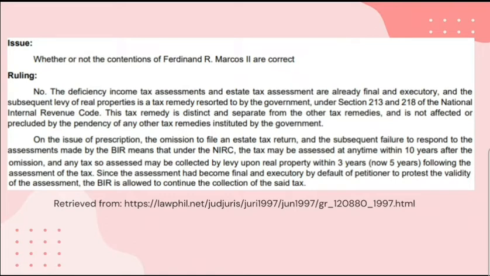There is no reason why BIR cannot continue to collect the estate tax now that the assessment has become final and unappealable due to the petitioner's failure to challenge the legality of the assessment. Any challenge to the assessment should have followed the path laid forth in Section 229 of the NIRC, which governs objections against assessments of internal revenue taxes.